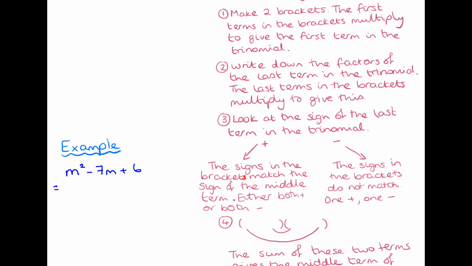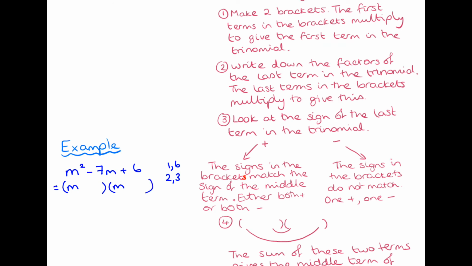We should be now used to doing number 1 without thinking about it. We make 2 brackets and we put our letter at the beginning of both. Okay, then we write down the factors of the last term, so that would be 1 and 6 or 2 and 3. So you can see why I wanted to look at factors earlier on in the week particularly carefully.